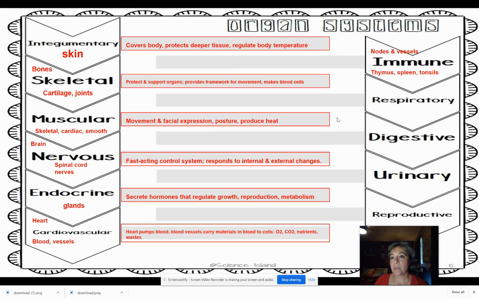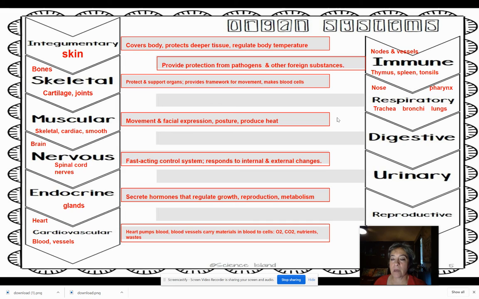Your immune system includes nodes and vessels in organs like your thymus, your spleen, and your tonsils. The function of that system is to provide protection from pathogens and other foreign substances. The respiratory system includes organs like your nose, your pharynx, the trachea, bronchi, and lungs.